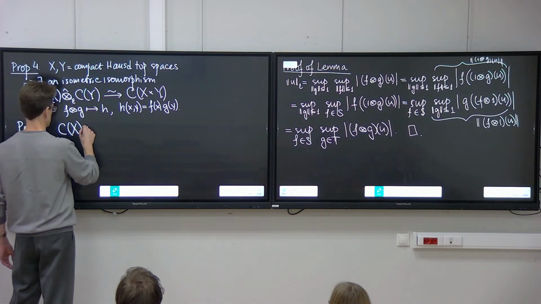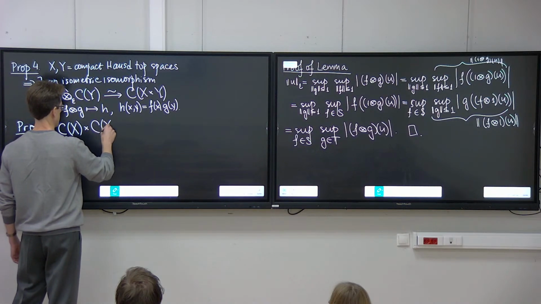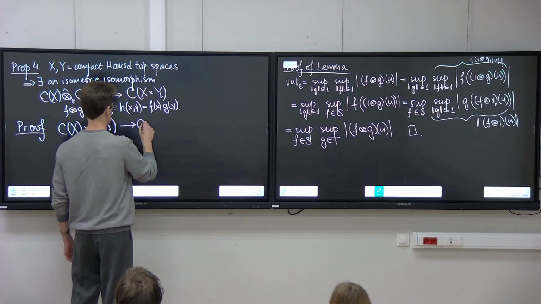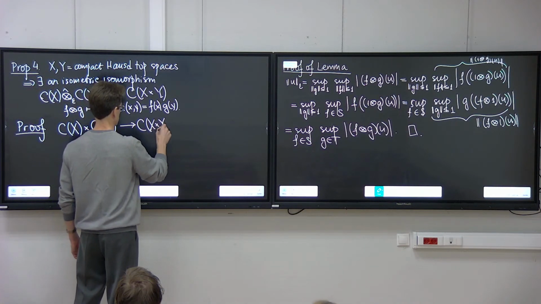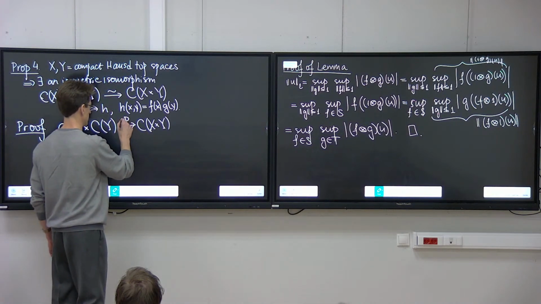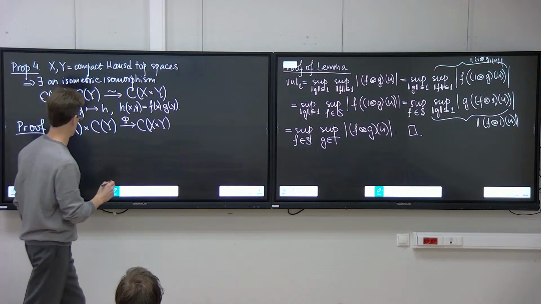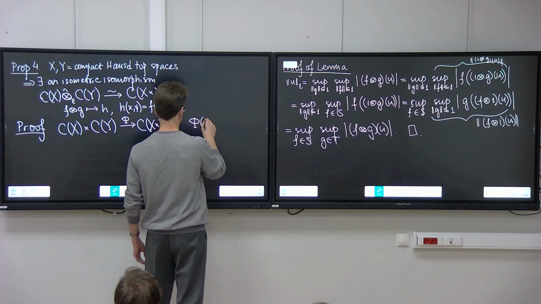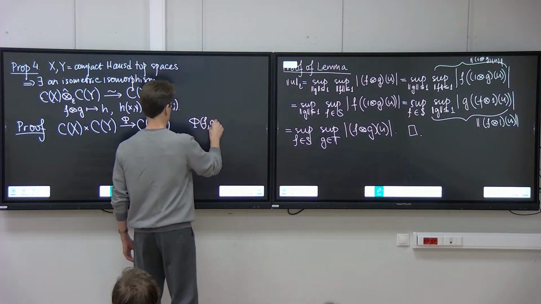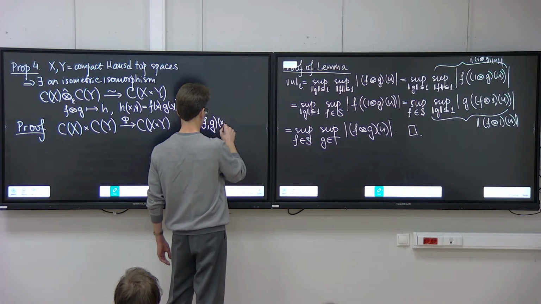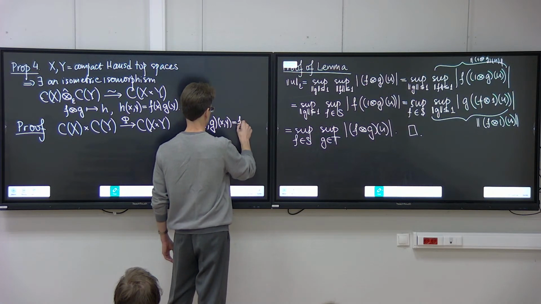So we consider the bilinear map from C(X) cross C(Y) to the space of continuous functions on the product, denoted by phi, where phi is given by the following formula. Phi of (f,g) is the function on the product given by the following formula.